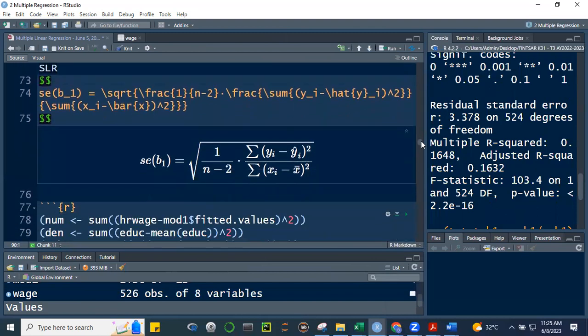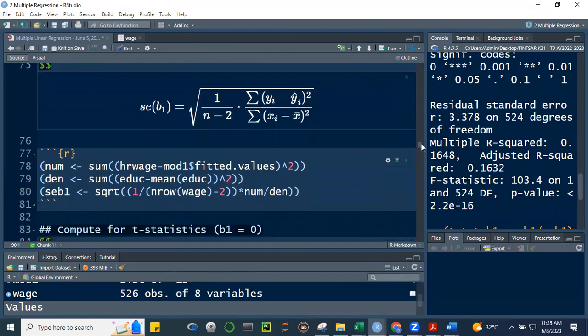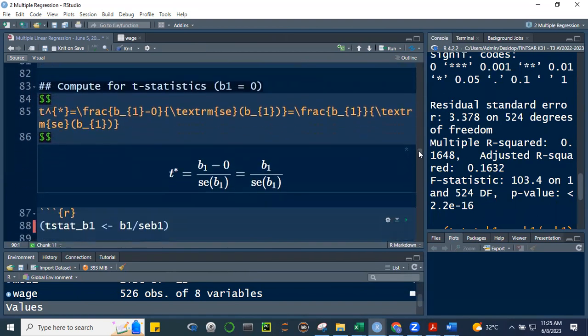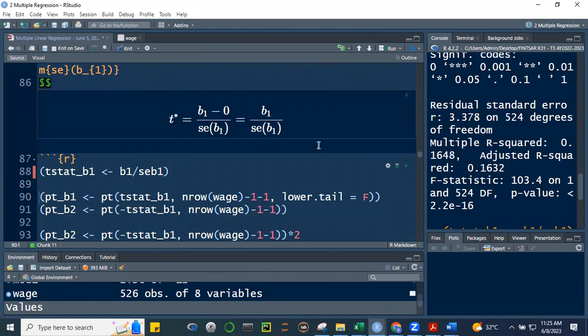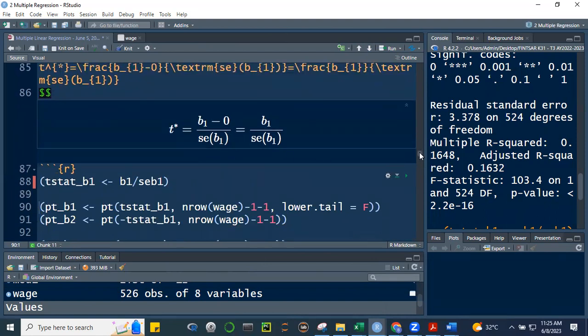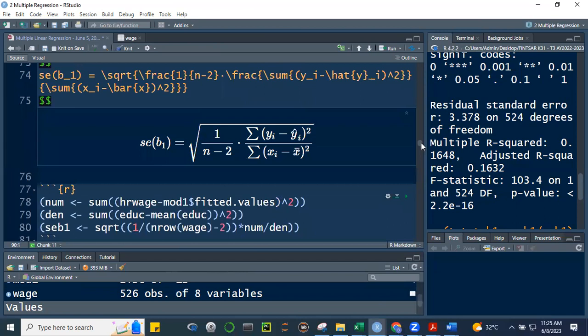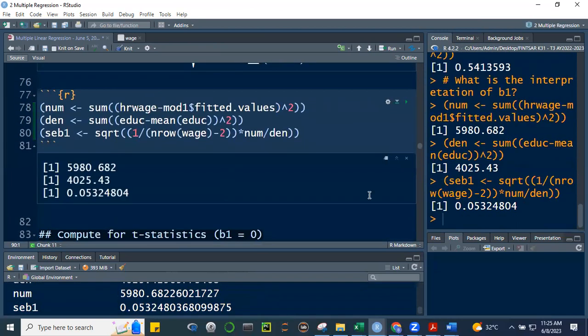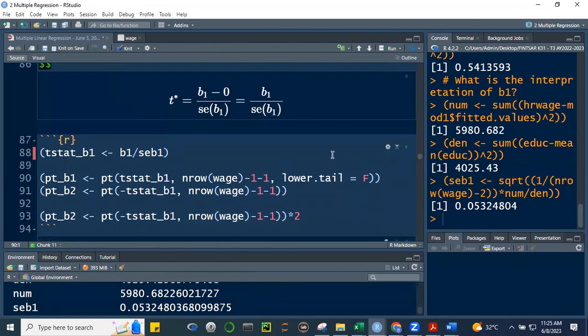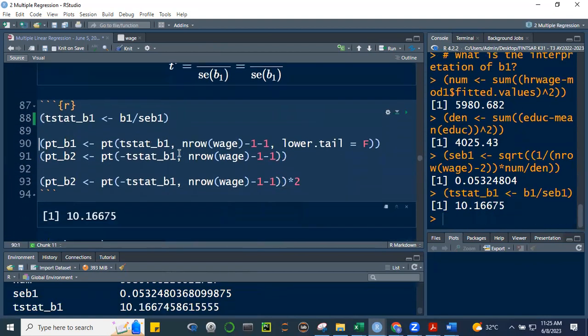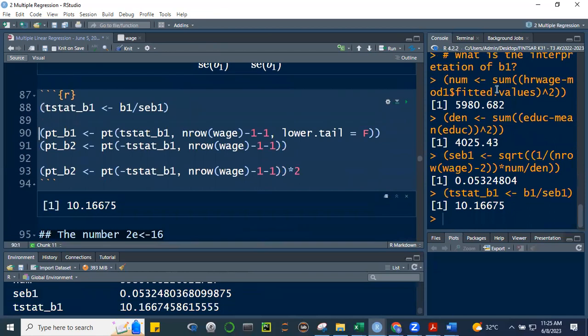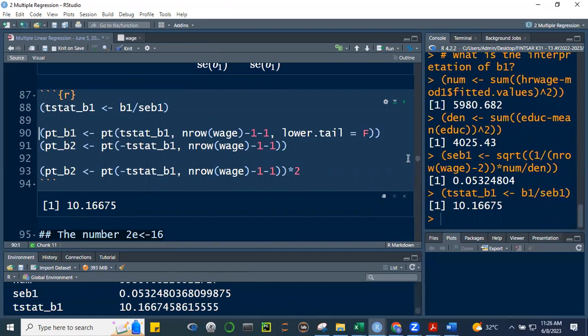So we solved B1, and then we solved the standard error of B1. But I'm interested in solving our t-value, so we also need the standard error, so that we can compute for the t-value. So this one is our t-stat, 10.1665, and it confirms what the table generated, okay?